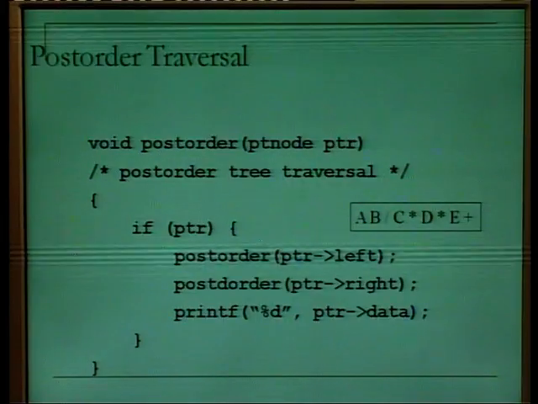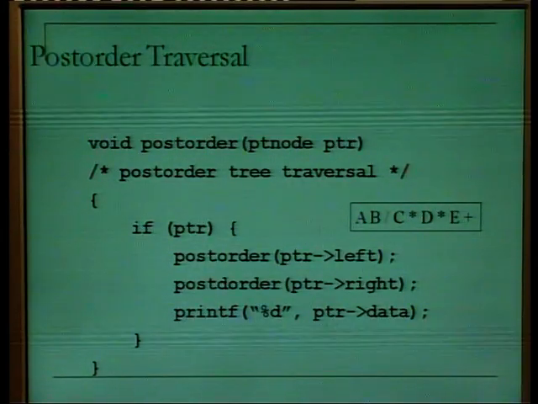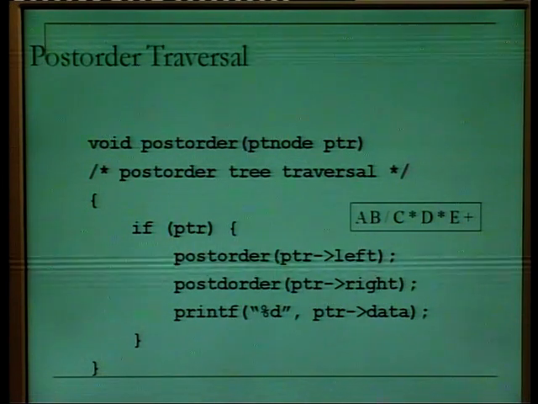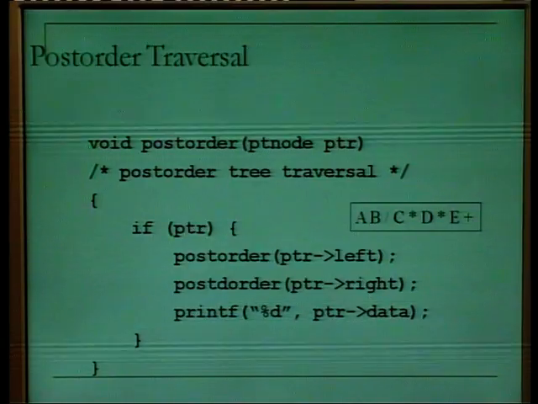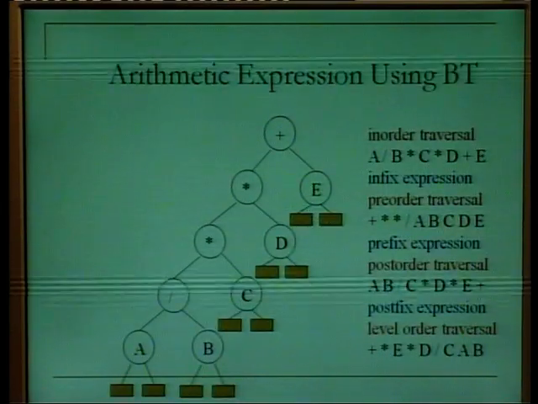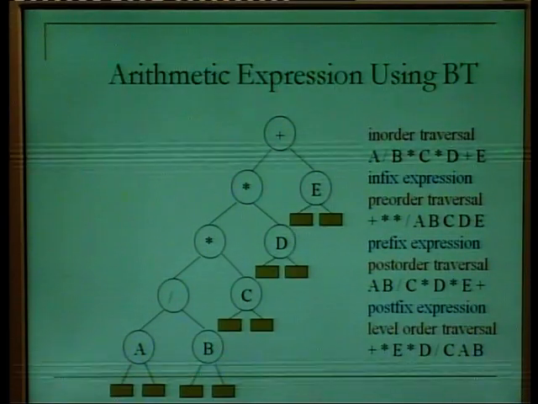So this is the procedure for post-order traversal. In post-order traversal, the operator, or we can say the root, comes after the operands. We will take the example of an arithmetic expression using a binary tree.